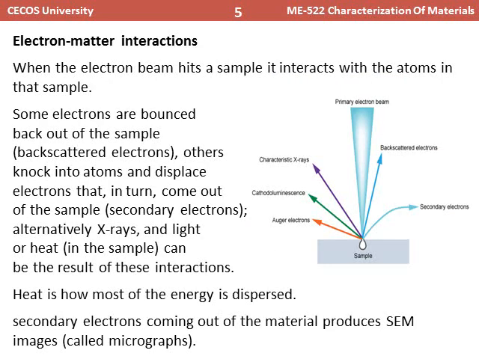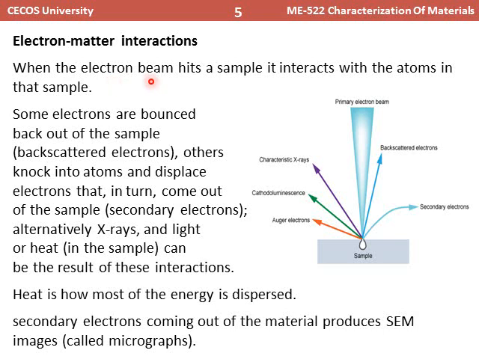Let's discuss what will happen if an electron beam emitted by the electron gun hits the sample. Definitely these electrons will interact with the atoms on the surface of the sample. In the previous lecture, I told you that in case of electron microscopy, we are dealing with the surface morphology.